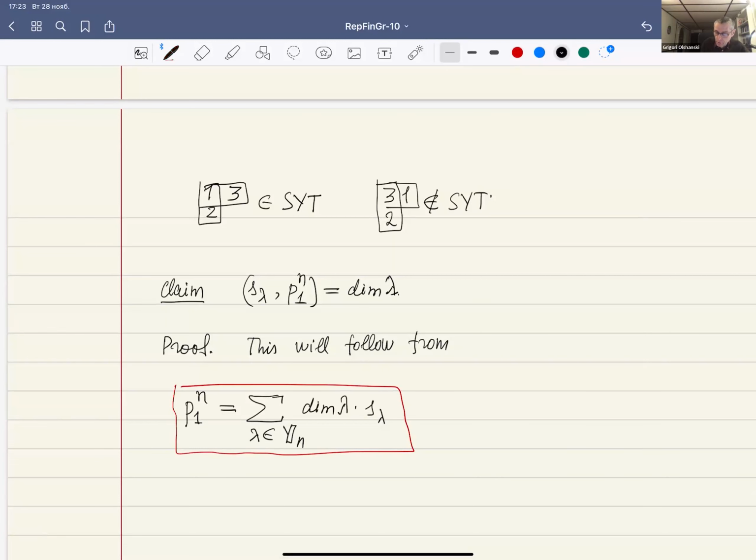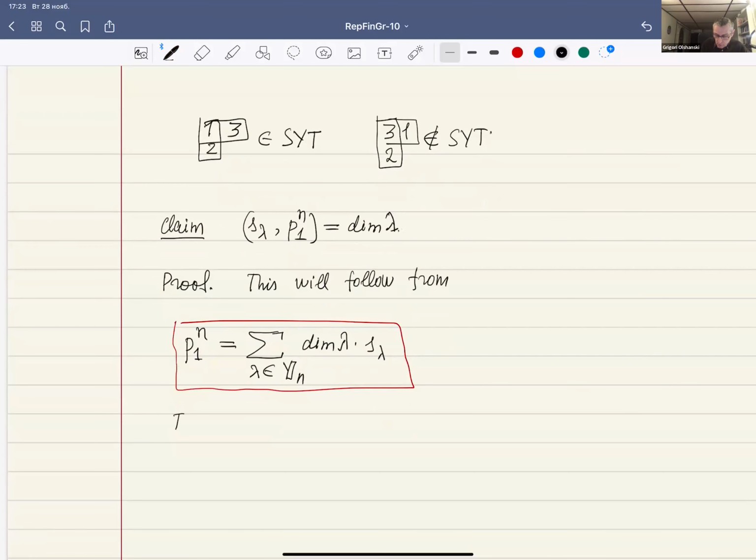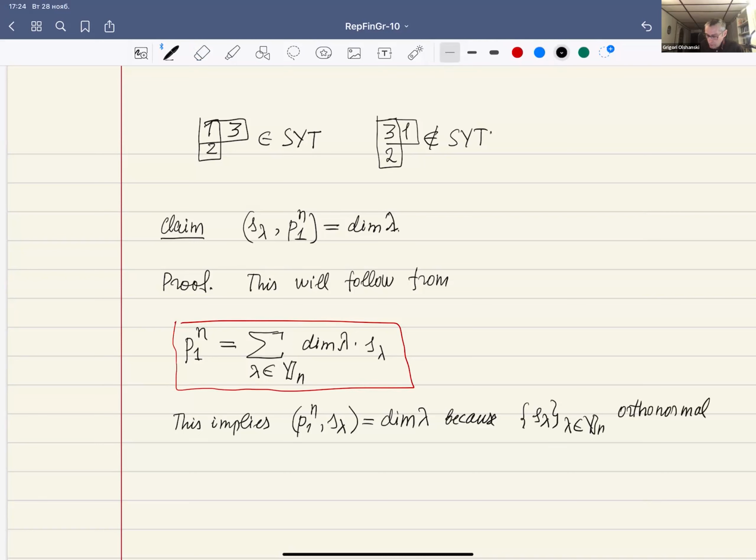Simply remark that this implies this relation, because we know that this is an orthonormal basis of the homogeneous component of degree n.